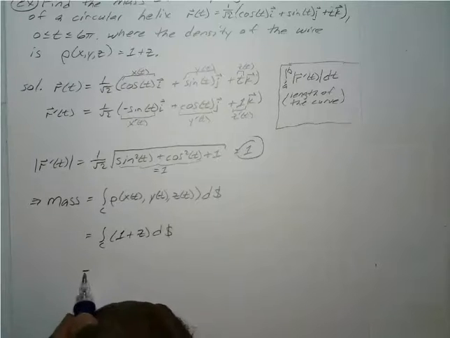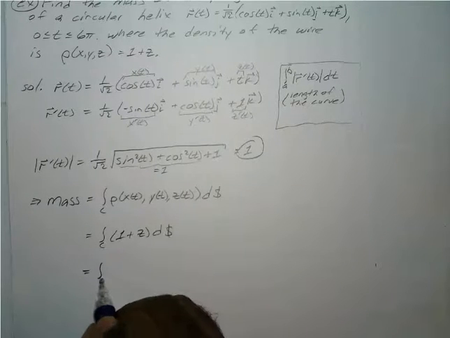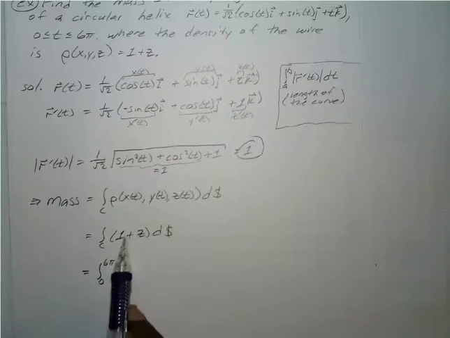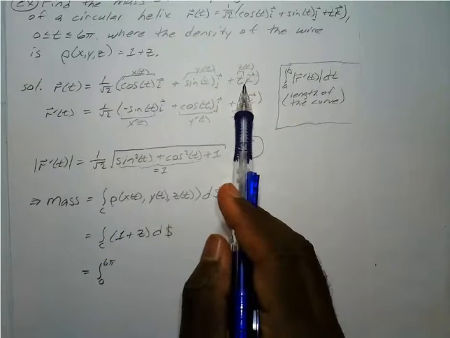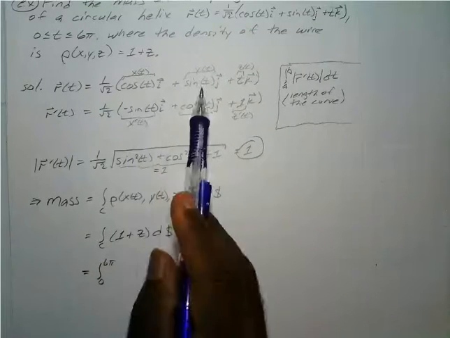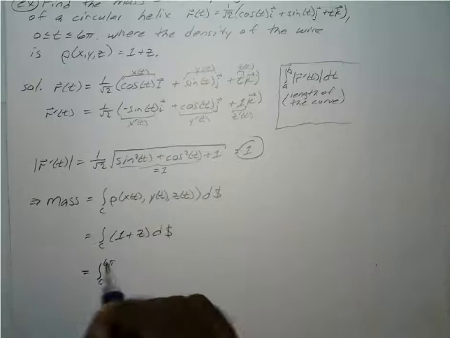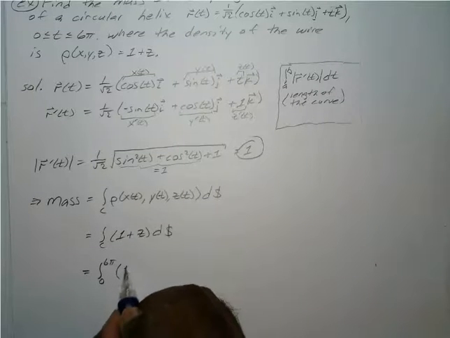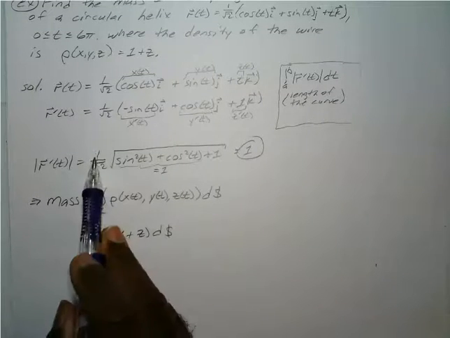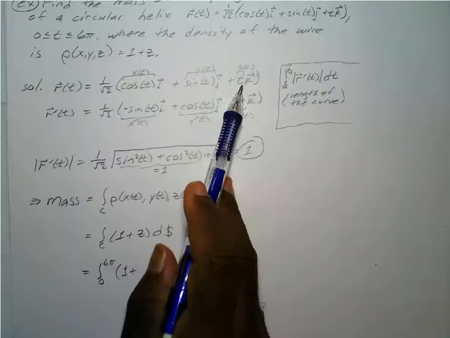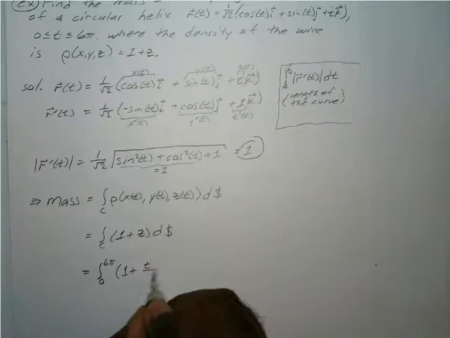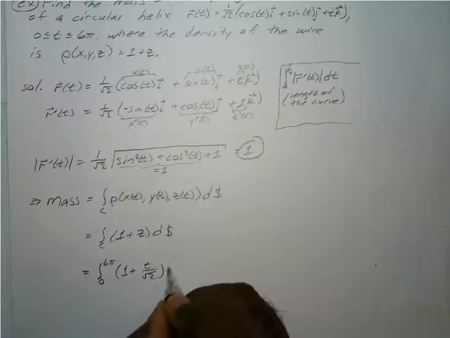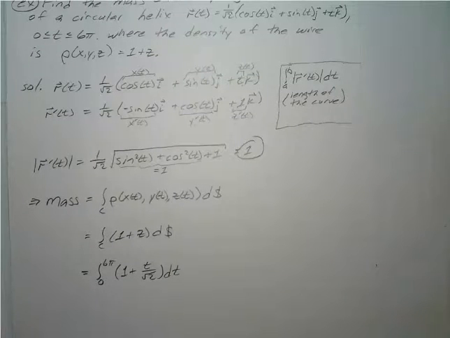If you notice here, we go from 0 to 6 pi. You have 1 plus z. We're just going to replace z with z of t. We don't have an x of t and y of t to replace here. So this just becomes 1 plus, remember that's over square root of 2, so that's t over square root of 2 with respect to t.